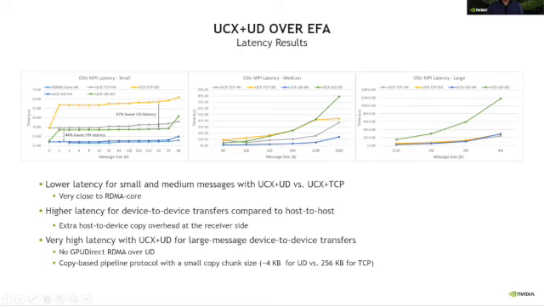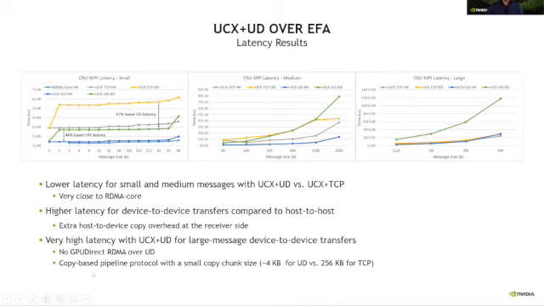Another observation is that on this rightmost chart here for large messages, we can see that the latency with UD for device-to-device communication is actually very high. In fact, it is even higher than TCP. And the reason is, first of all, we don't have GPU direct RDMA with UD, which is the same for TCP.